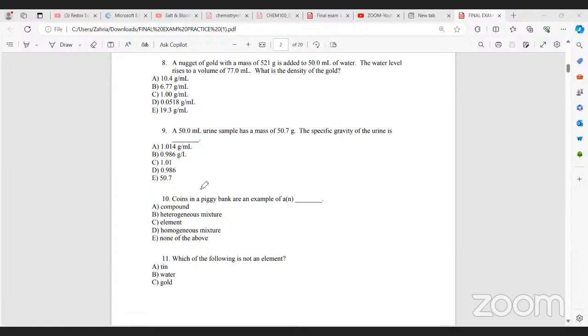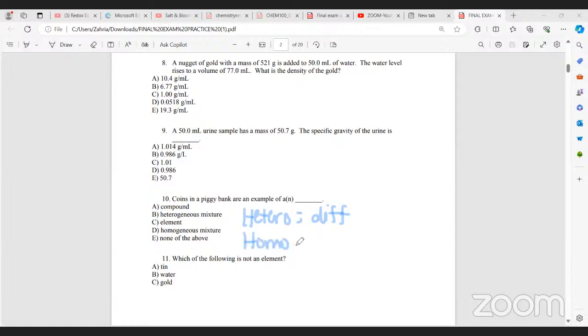All right, if we look at number 10 is now a review on heterogeneous mixtures and homogeneous mixtures. If you can remember, hetero means different, okay? Like boy, girl, up, down, left, right, top, bottom, man, woman, different.